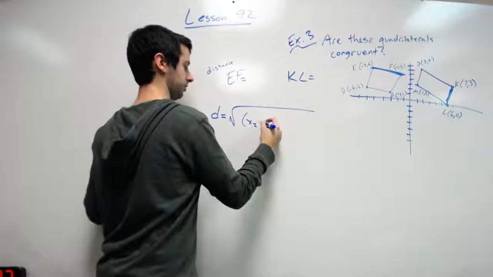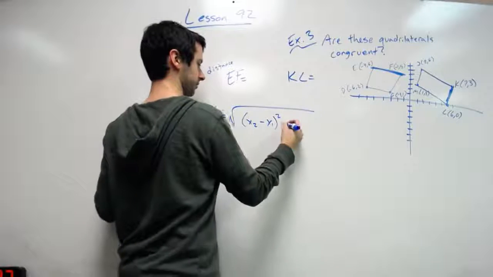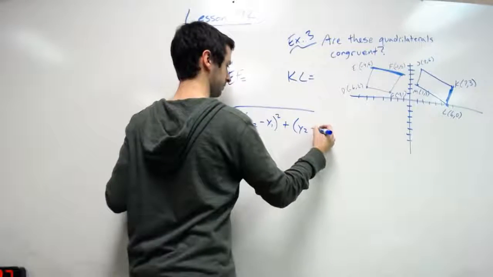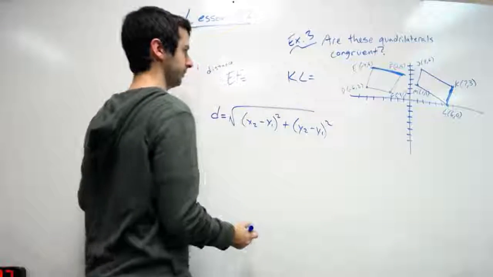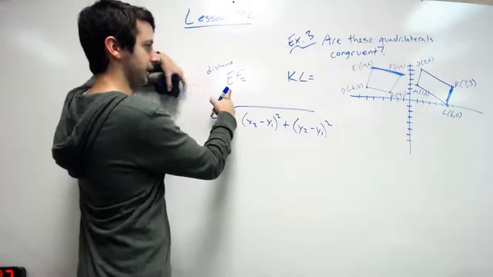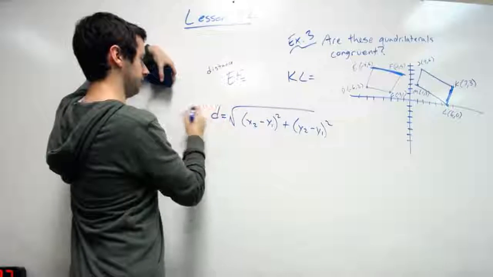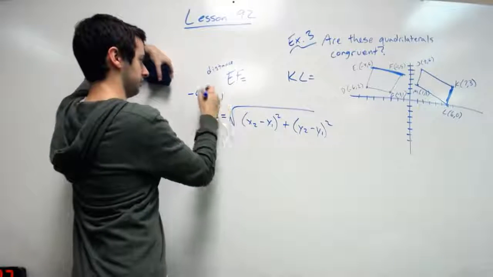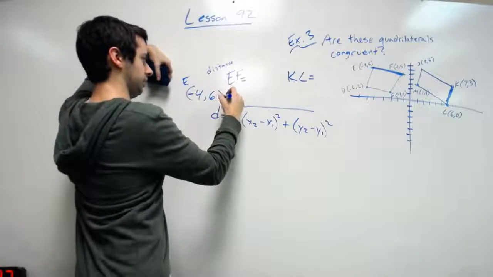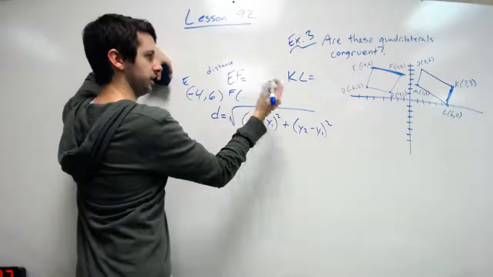x2 minus x1 squared plus y2 minus y1 squared. So my coordinates for E and F would be negative 4, 6, and then F would be negative 1, 5.